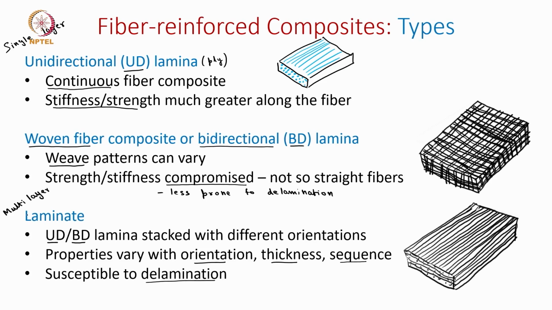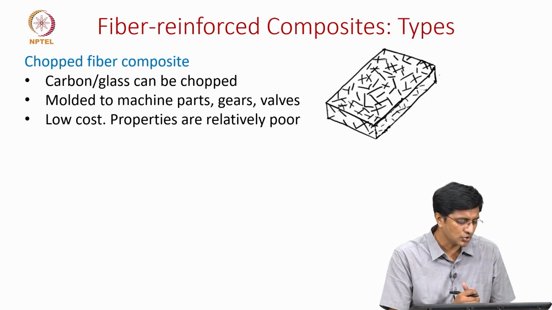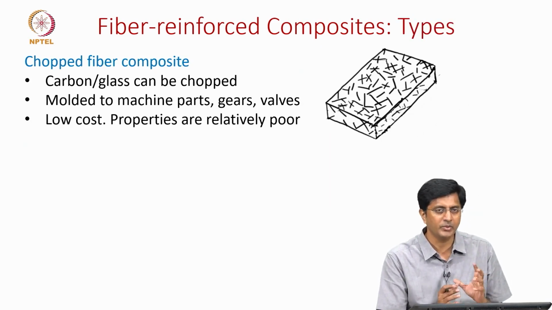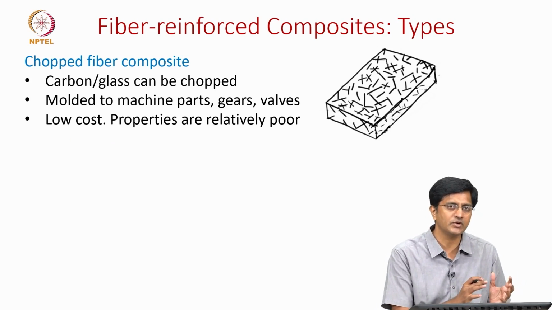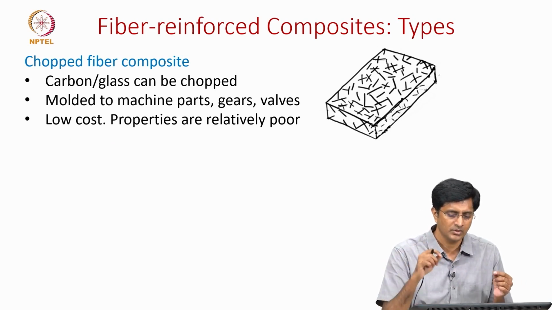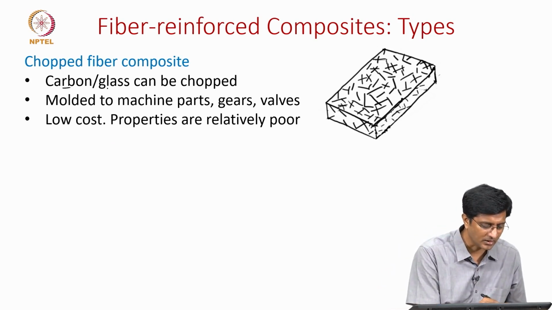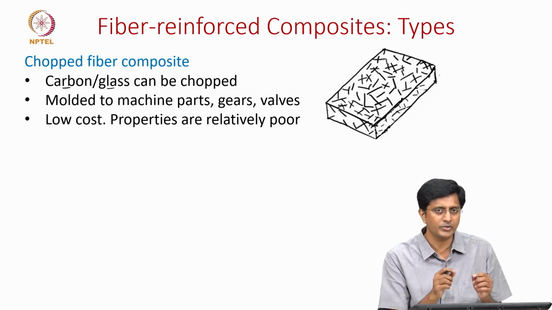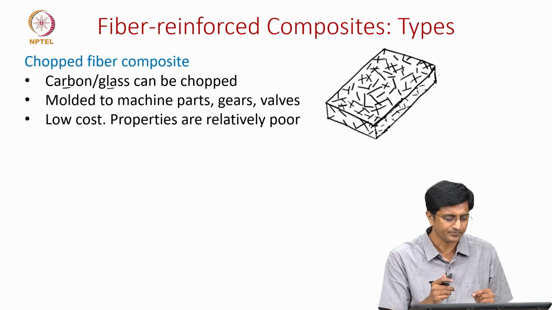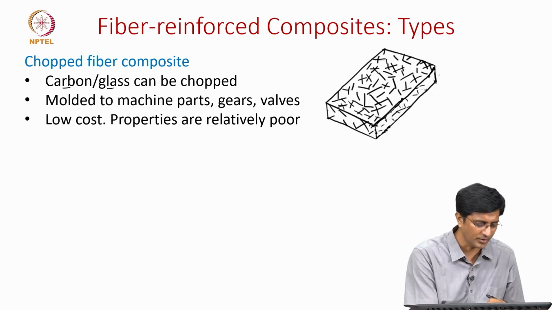But in addition to this we have a few more composites, called chopped fiber composites. The major difference is that in the previous slide all composites are made up of continuous fibers, but glass fibers and carbon fibers can be chopped into smaller lengths, and then we can add them to the matrix material and mold it.